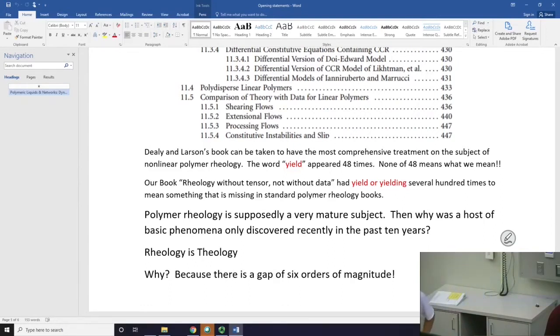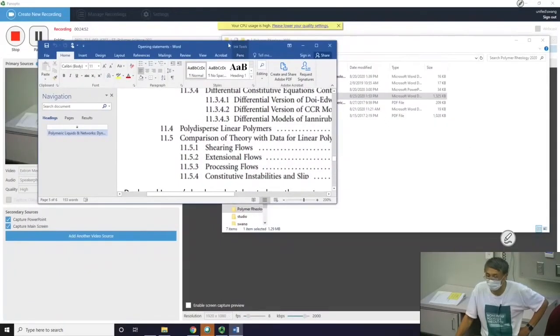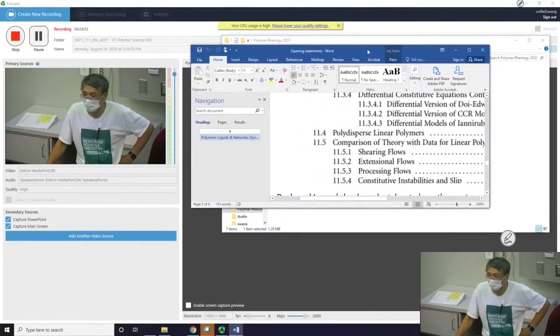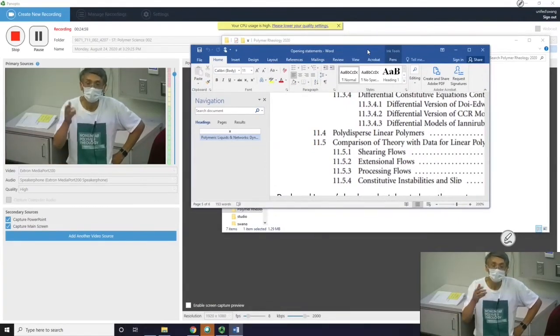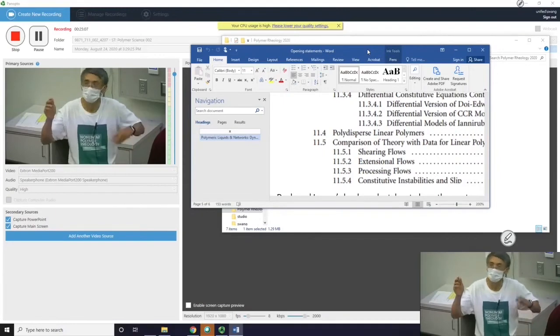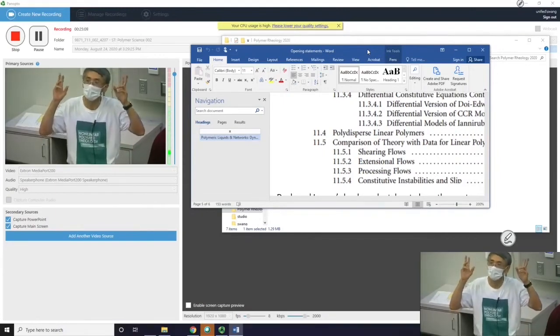Yield, if you Google it, means a transition from elastic to, the best rigorous word would be, non-elastic.